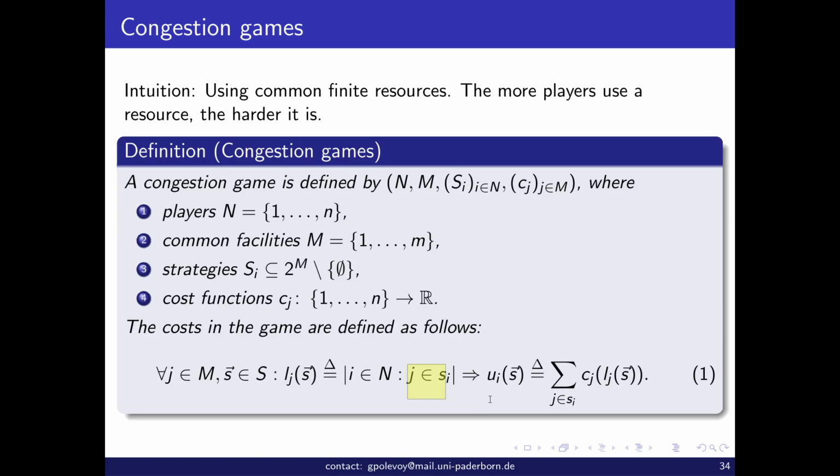And the utility, therefore, of player i is the total cost over all the facilities the player uses. I look at the load of the facility given the strategy profile, and I look at the cost of that facility given the load, and the total cost of all the facilities the player uses is her utility.